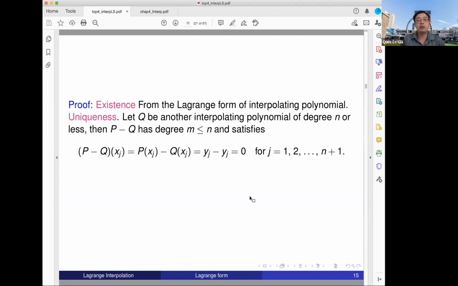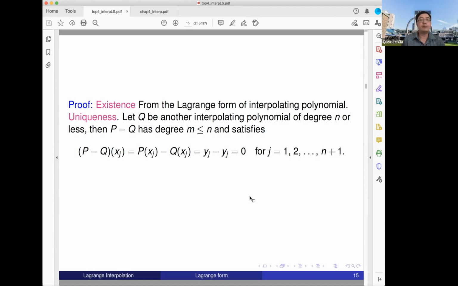So now, how do we prove the theorem? Existence and uniqueness. Existence is given, because the Lagrange form is an interpolating polynomial already. So we don't have to worry about existence; we know how to construct one interpolating polynomial.